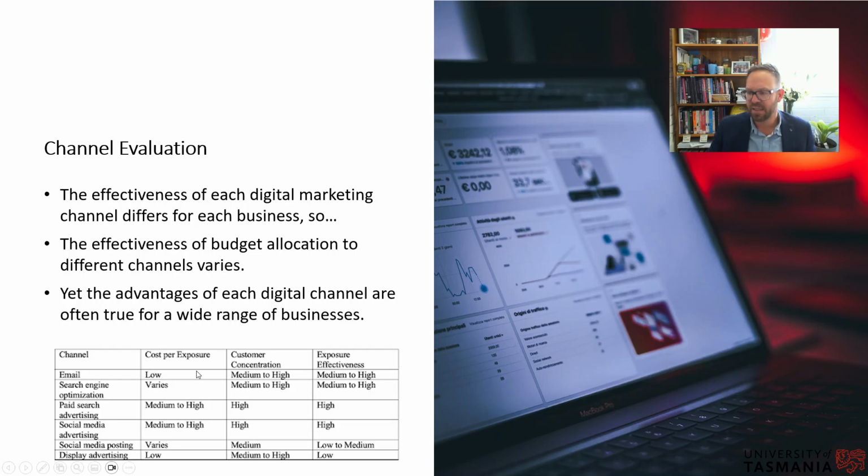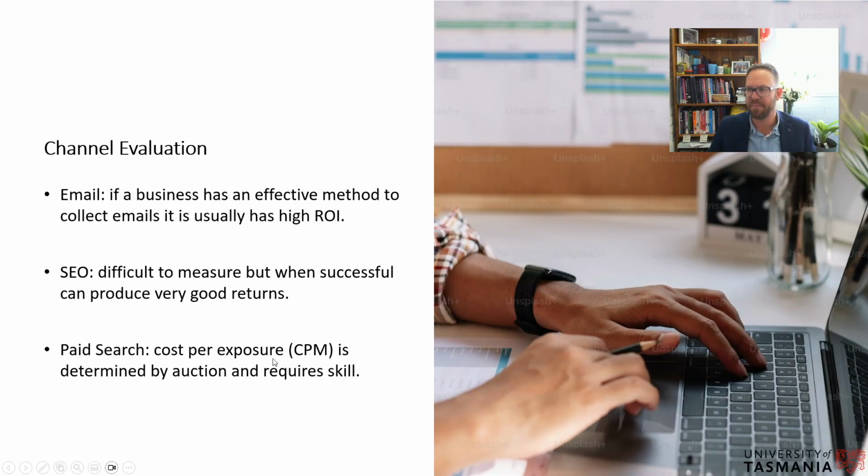So I've got this channel table here, which came from the textbook. So it's not my work, it's the textbook's work. And we're going to have a look at how these fit together. So email: if a business has an effective method of collecting emails, and we've done this in the email marketing section of the digital marketing course, we learned about good ways to collect emails and permission marketing and stuff like that.